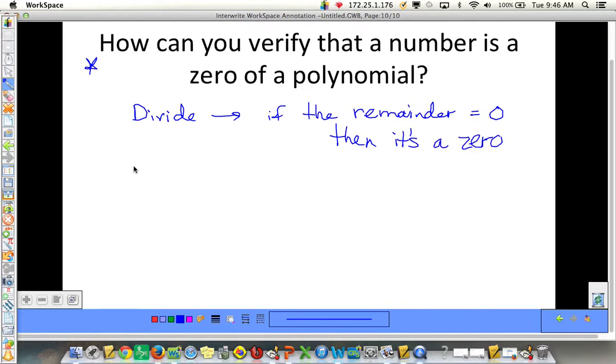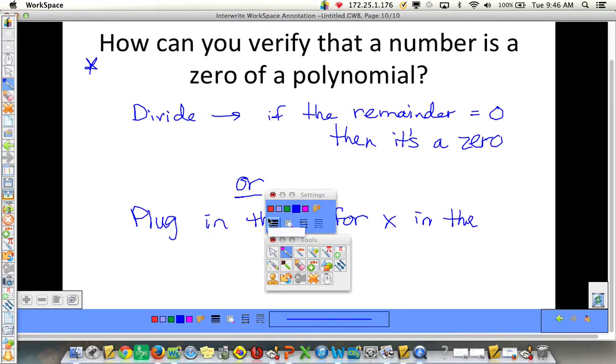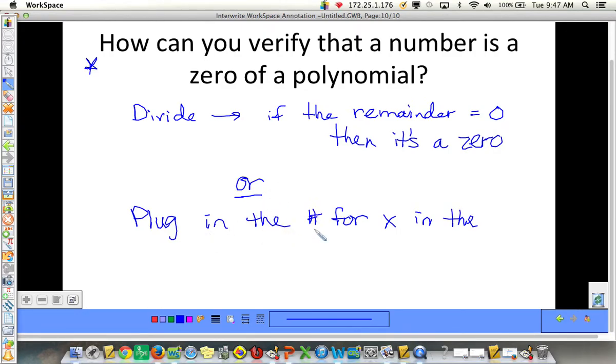Or you could plug in the number for x in the equation and see if it equals 0. Okay? It should equal 0 for it to be a 0.